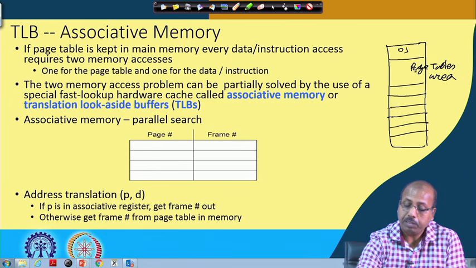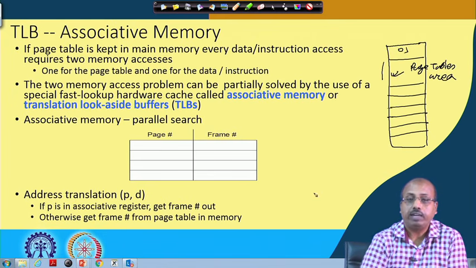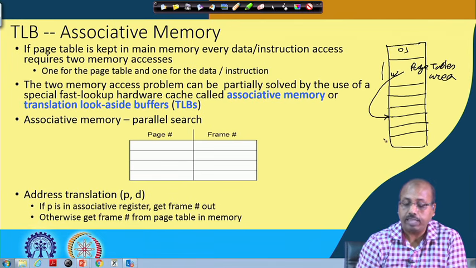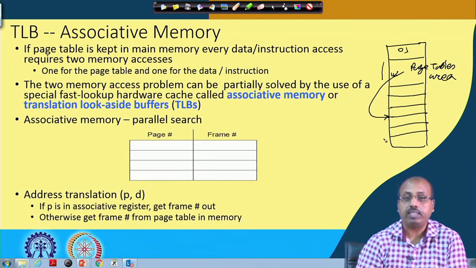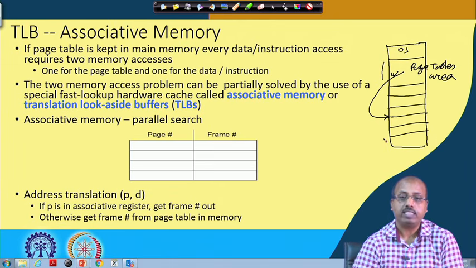Now, this page table area is also a part of memory. Whenever you are trying to access one particular memory location, first you access the page table area to find the corresponding frame number, and after getting the frame number, you come to the corresponding frame and access the corresponding location. That is why one memory access is translated into two memory accesses, which makes the overall computation by the processor slow.